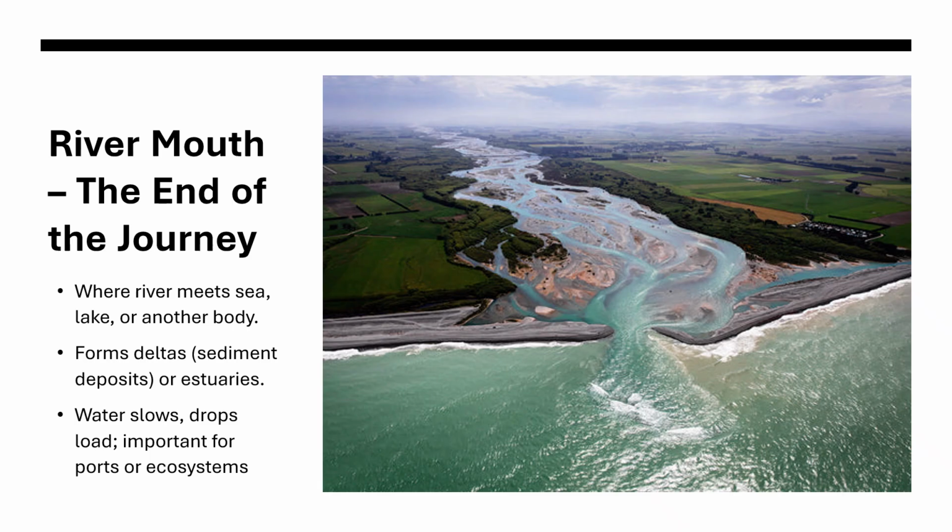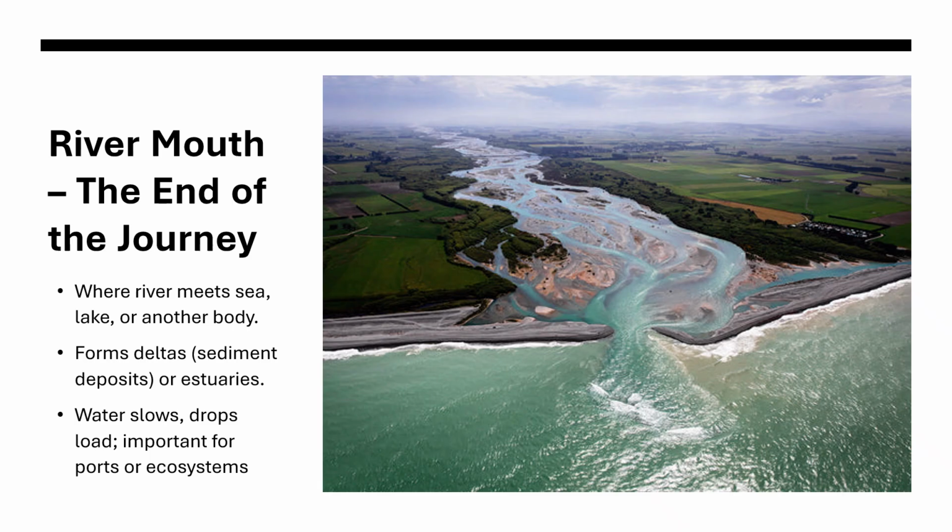This river mouth forms deltas. What are deltas? Deltas are sediment deposits. As you can see here, there's a lot of sand or deposits. This river mouth causes this kind of deposits, which are called deltas. Water in this area flows slowly and drops load, which are sediments.